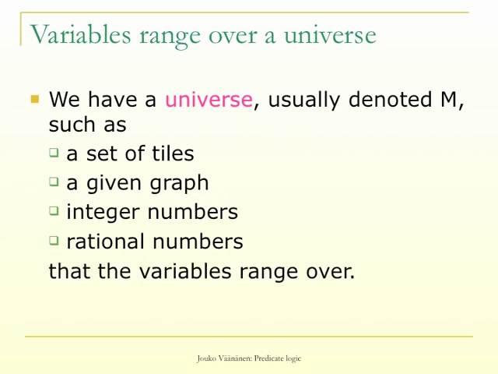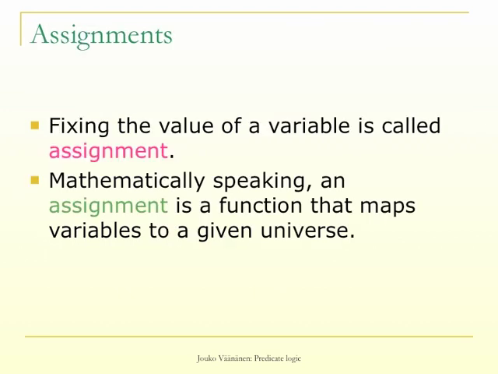We think that the variables range over the set M. Fixing the value of a variable is called an assignment. Mathematically speaking, an assignment is a function that maps variables to M.